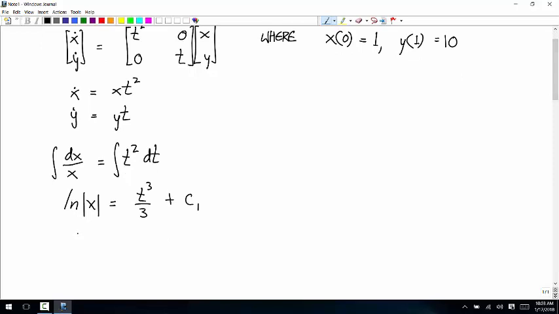So natural log of 1, so now I'm using the boundary condition. Natural log of 1 is equal to 0 plus c1. So c1 is equal to 0.